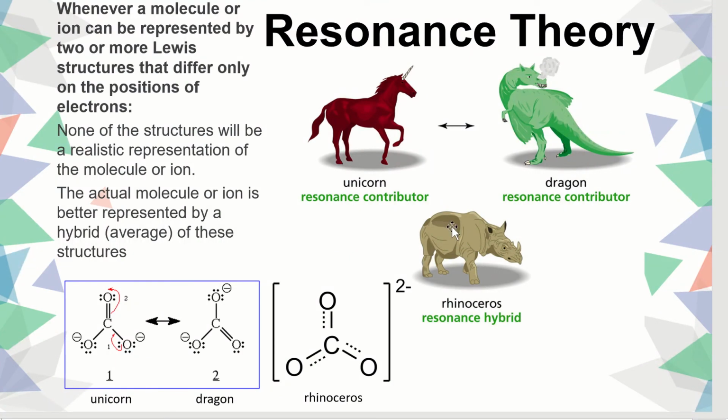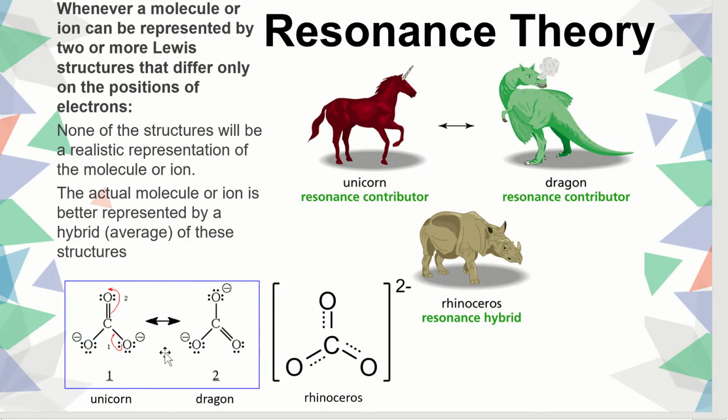So in resonance theory, the unicorn is a resonance contributor, and the dragon is a resonance contributor. However, what actually exists is the rhinoceros, or the resonance hybrid.